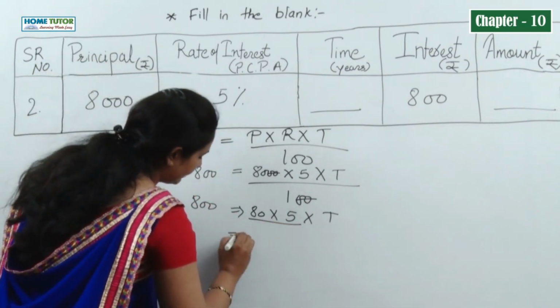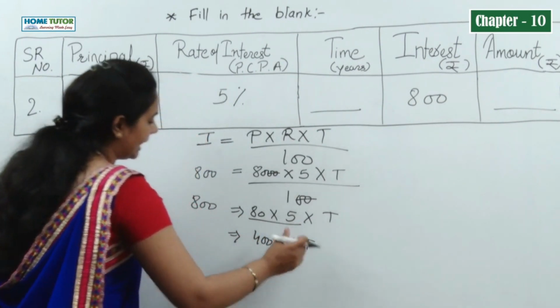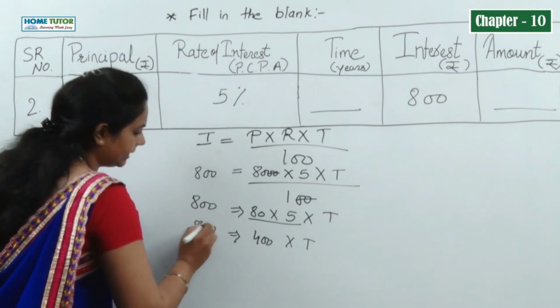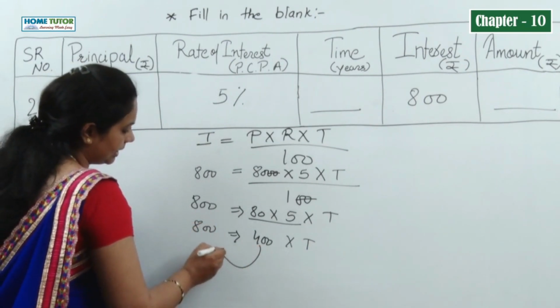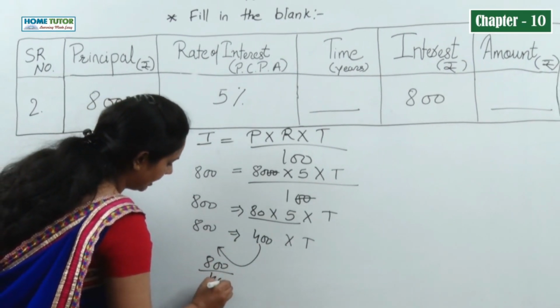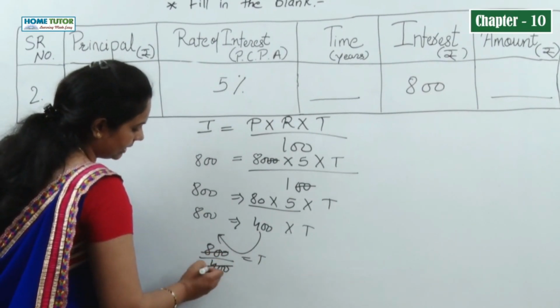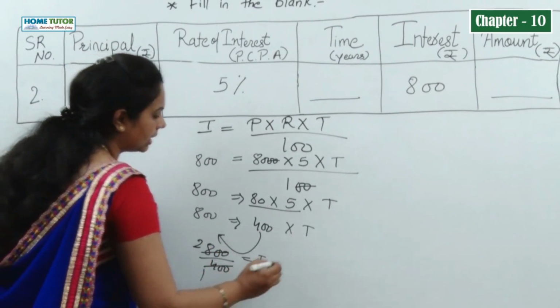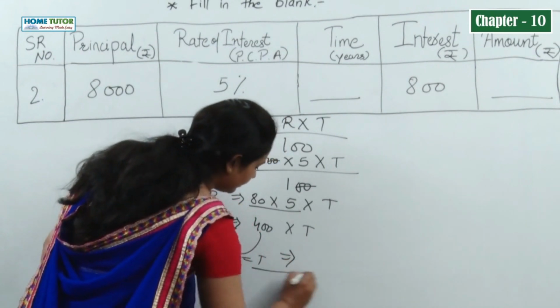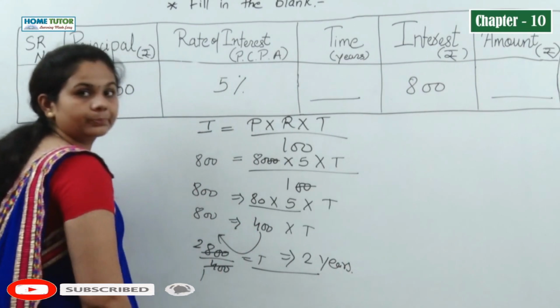So 80 multiplied by 5 is 400 multiplied by T as it is. This is 800. So now this 400 will come here. That is 800 divided by 400 is equals to T. So this is 400 ones are 400, 400 twos are 800. So your time T is equals to 2 years.